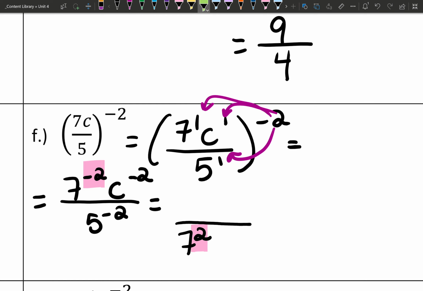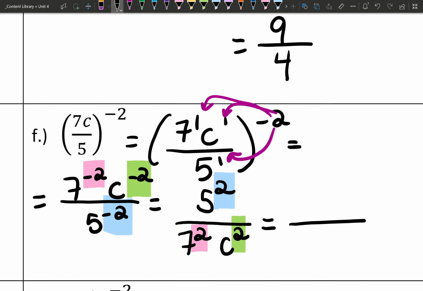C to the power of -2 becomes C to the power of +2 on the bottom. 5 to the power of -2 becomes 5 to the power of +2 up top. Let's simplify. 5 to the power of 2 is 25. 7 to the power of 2 is 49. And C remains just C, because I don't know what it is.